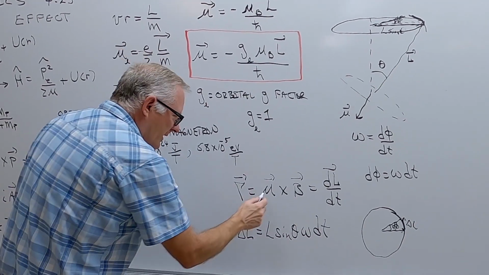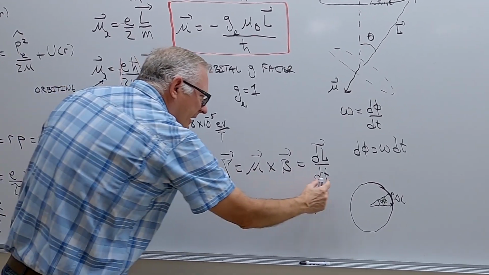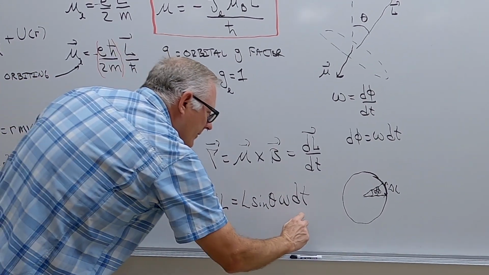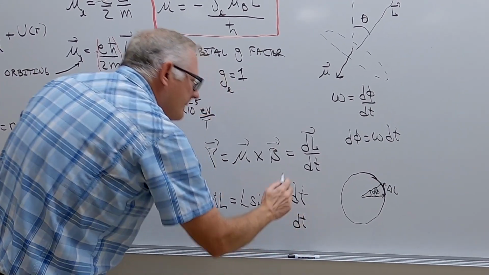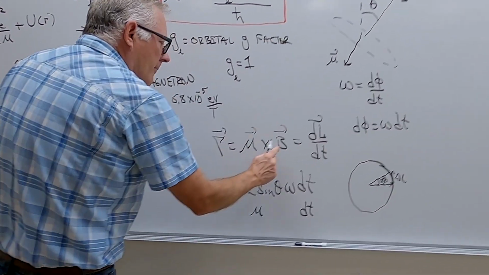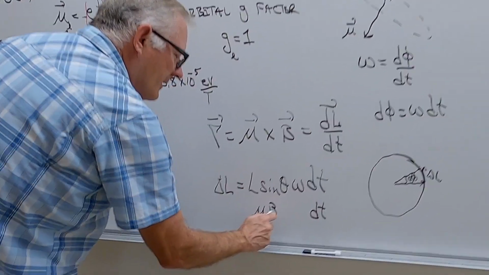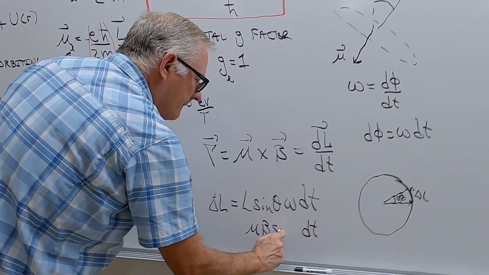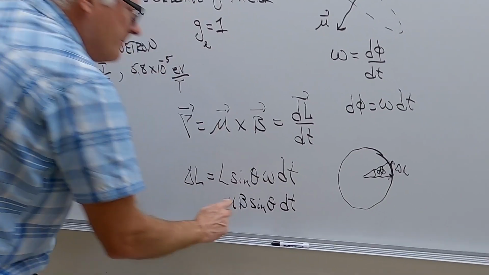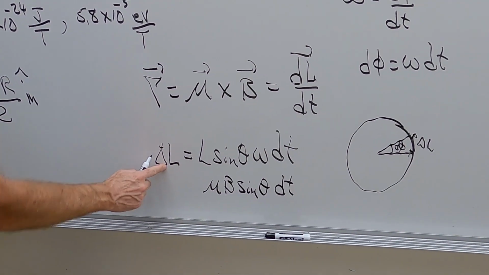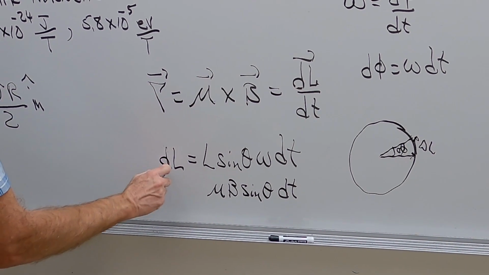So really, with this equation, if I bring the dt to this side, I get the magnitude of mu, magnitude of B, sine of the angle between them, which is sine theta, and that equals dL.